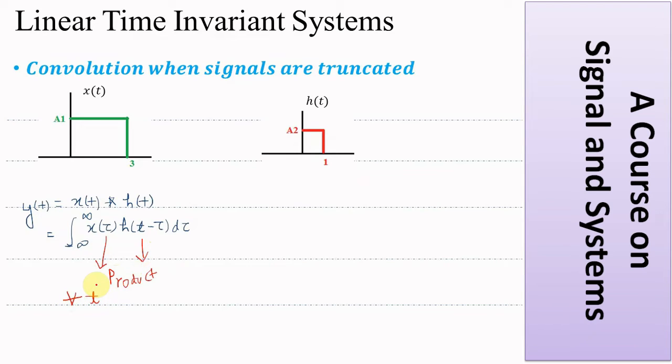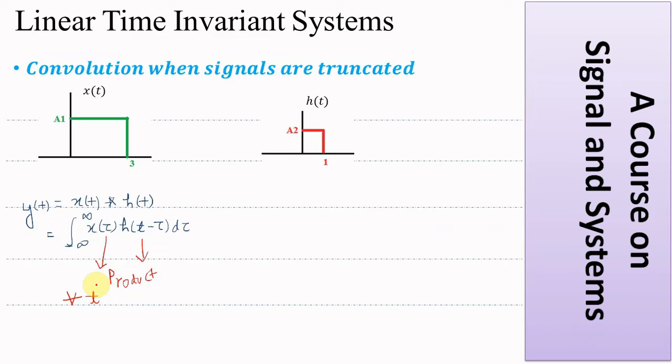Which means I will vary time, plot x of tau, plot h of t minus tau, vary t, and see what the product is for a given range of t. Given that product, I will evaluate the integration. Integration is nothing else but the area under the curve. In the case of rectangular signals, I can directly evaluate the integration, but still we will perform the integration.